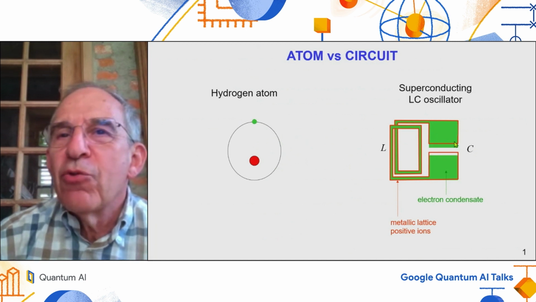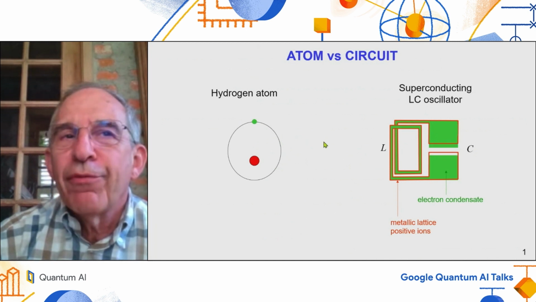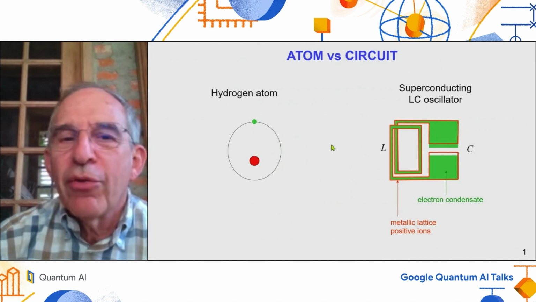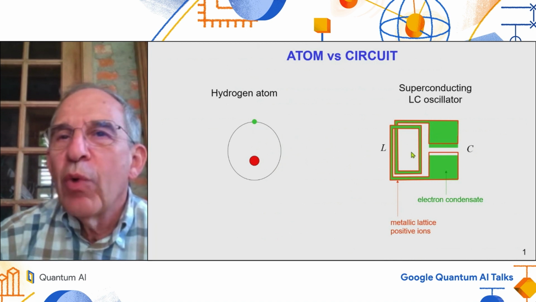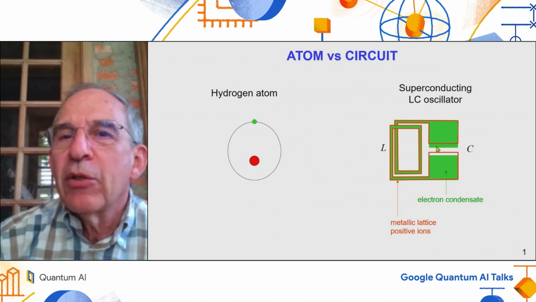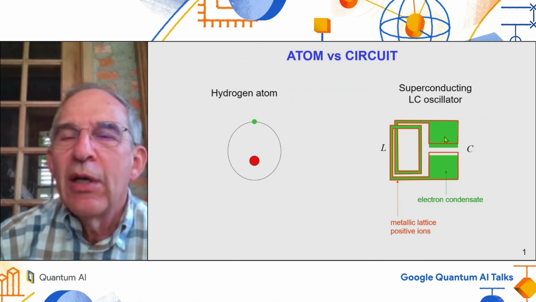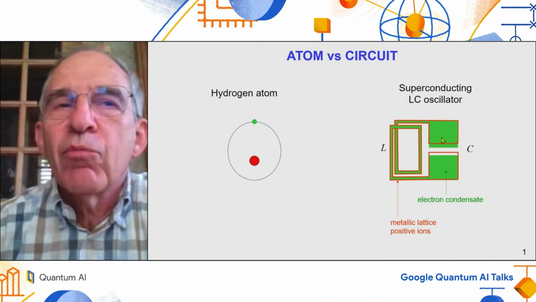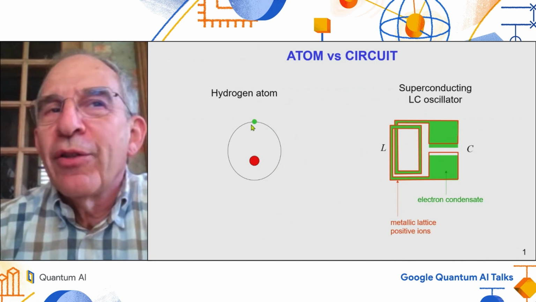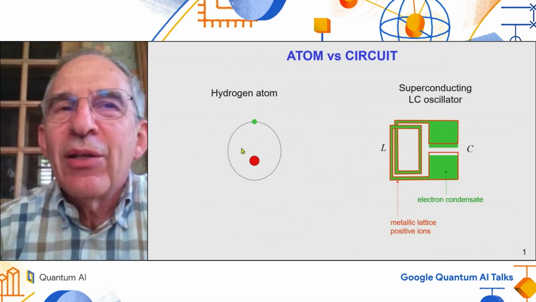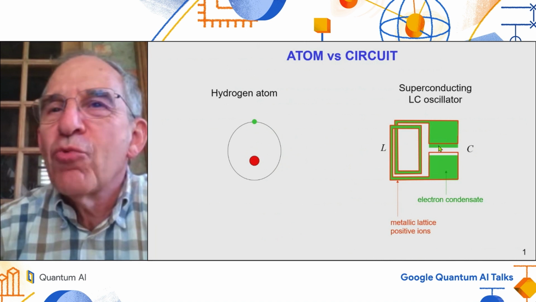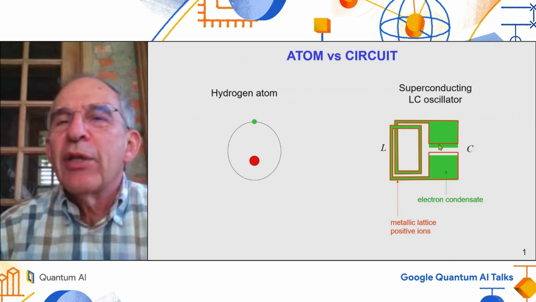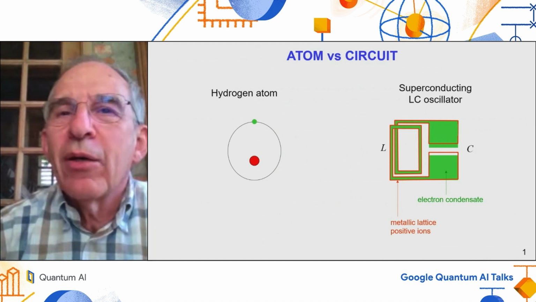And as you can see, instead of the electron moving around the nucleus, what you have is a displacement of the electron condensate. So the electron condensate will slosh back and forth between the two plates, and it behaves exactly as a single charge carrier. So instead of an electron orbiting in 3D, in three dimensions around the nucleus, we have a fluid that moves bodily inside the wire.